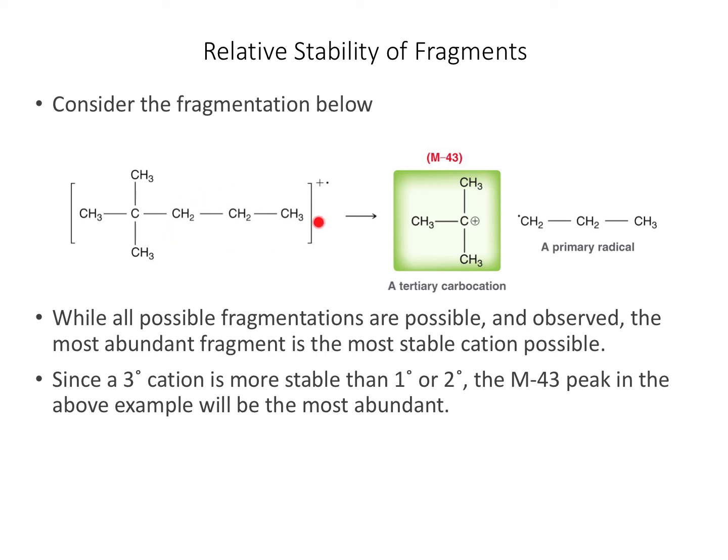But if I chop off a propyl group, then I'll have the positive charge on this carbon, and I now have a tertiary carbocation, which is much more stable than the other two. And so for this molecule, we might expect that the base peak would appear at M-43. By chopping off this propyl group and detecting this carbocation fragment, this is most likely the most stable fragment when we chop this molecule up into pieces.